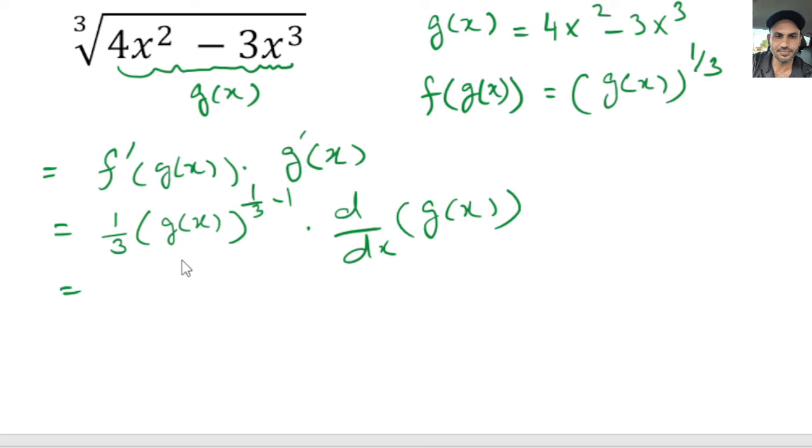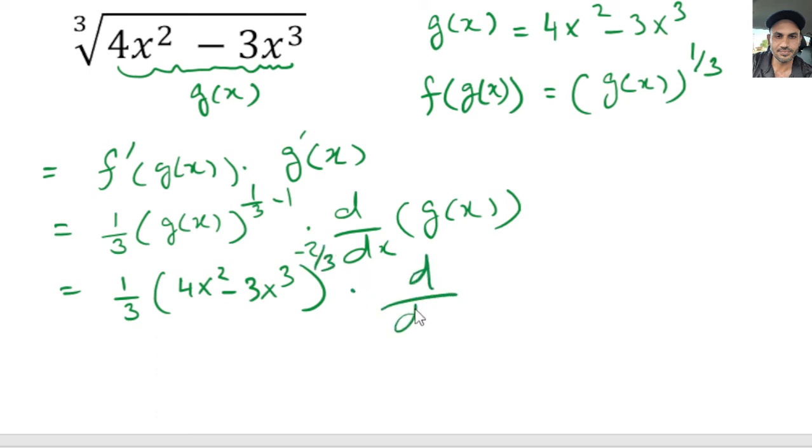Now we can go ahead and simplify this. This is 1/3, and I'm going to substitute the value of g of x, which is just 4x squared minus 3x cubed, and 1/3 minus 1 is going to be negative 2/3, and the derivative of 4x squared minus 3x cubed.